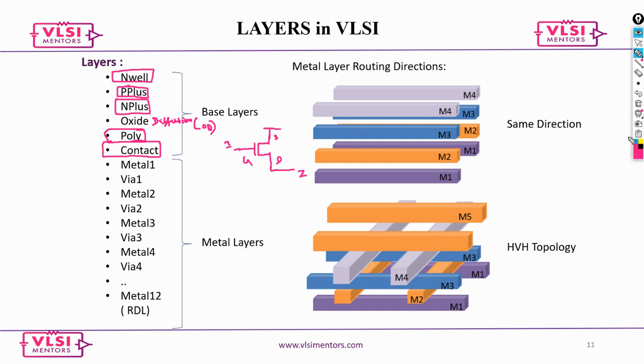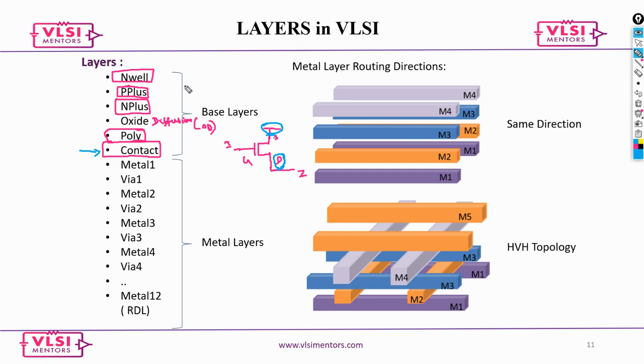So here they have to use contact to connect your VDD to the source of the transistors, and then they have to use contact and metal again to connect to your drain, and then inputs to the gate. So contact is used to connect the layers.